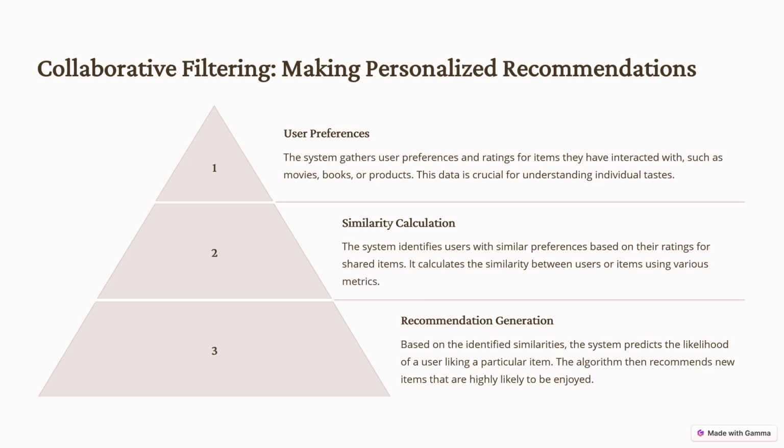Then recommendation generation: based on the similarities identified in the second step, the system predicts the likelihood of a user liking the particular item discovered in the similarity calculation. The algorithm then recommends items that are likely to be purchased or enjoyed by the user.